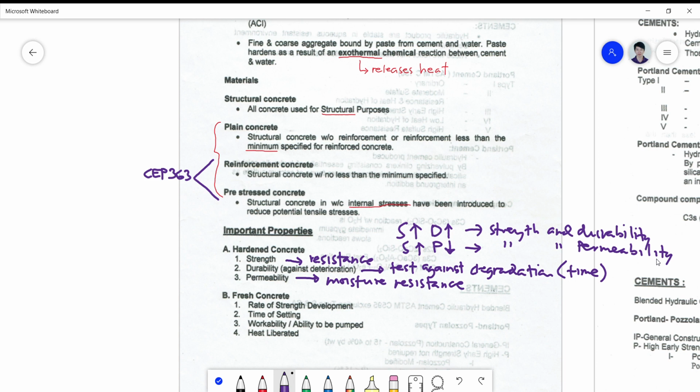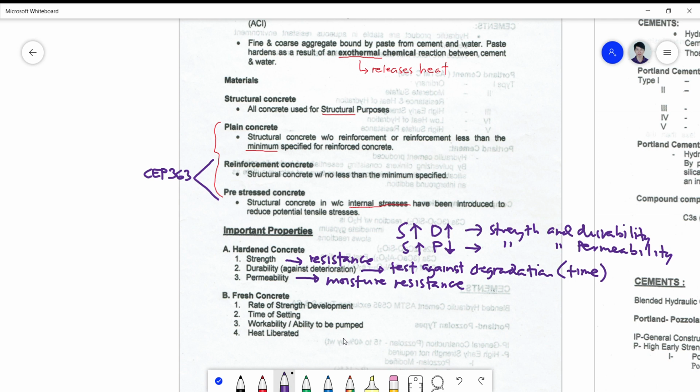So for fresh concrete properties, we have four important properties, characteristics. We have the rate of strength development, the time of setting, workability, and heat liberation or heat liberated property.